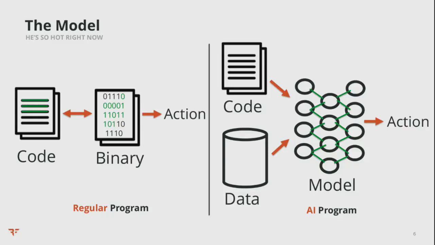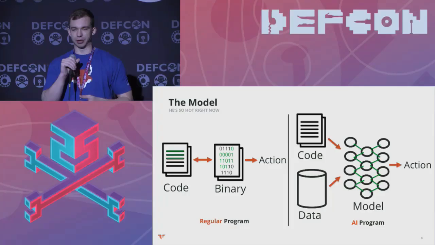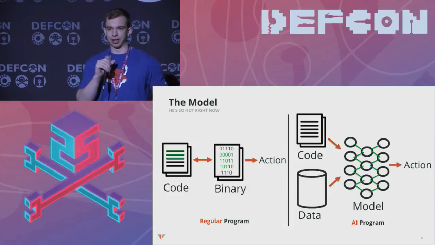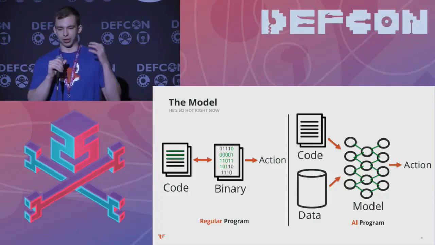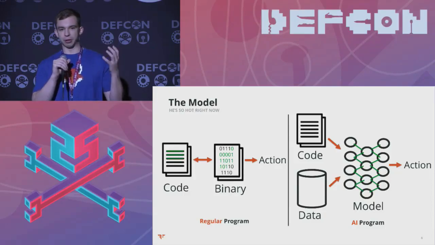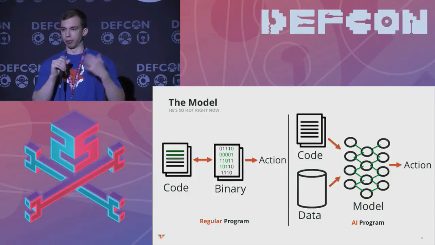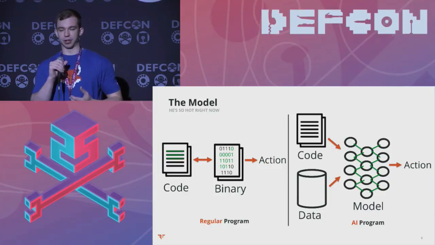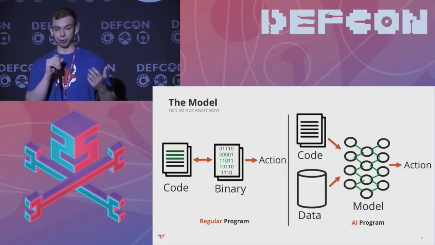So you're not going to be programming conditional logic in there: if we're in state A, then we take action A, else we take action B. There isn't so much of that, and the model will actually decide an action based on probability and what data it has seen in the past. That's where the learning kicks in. It can use the data that you supply it with to learn what has happened in the past and decide what actions it's going to take in the future.